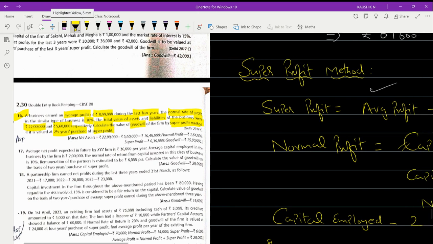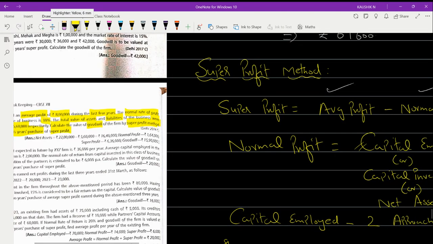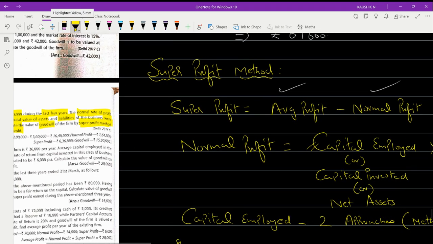Now, let us explore the super profit method concept. Super profit is nothing but average profit minus normal profit. Tell me, in this problem, have you been given the average profit? Yes, it is given to you. So the average profit value is available for us.